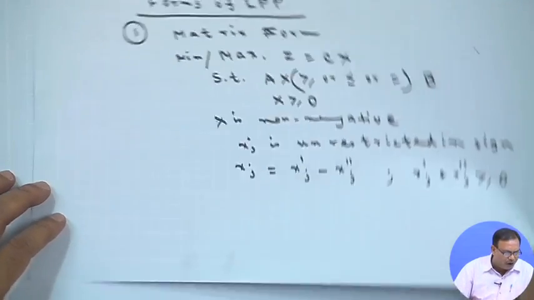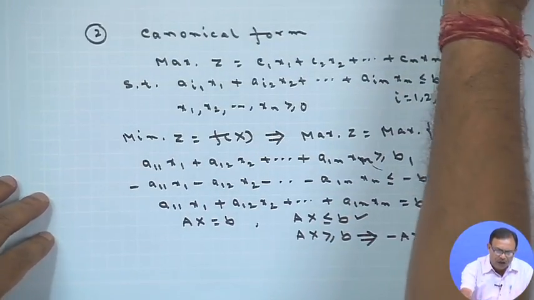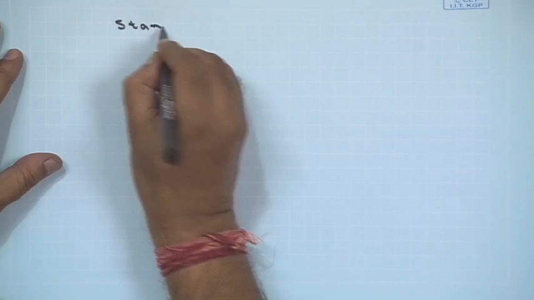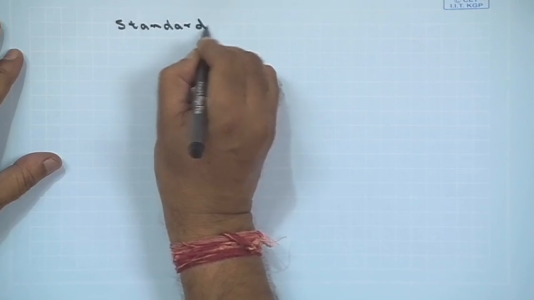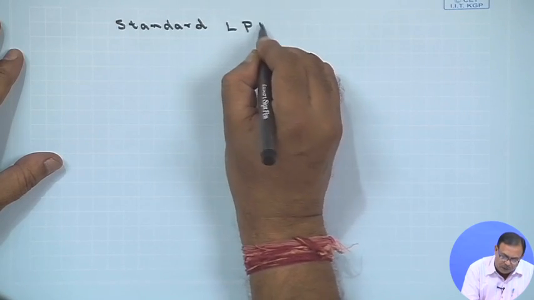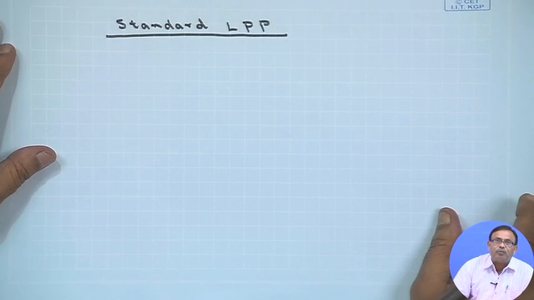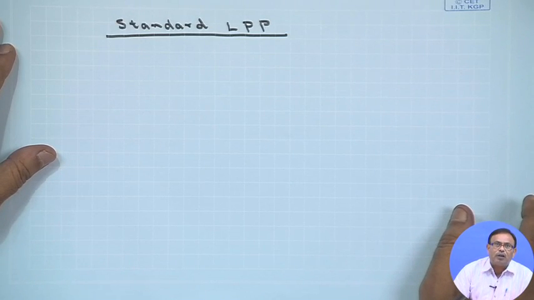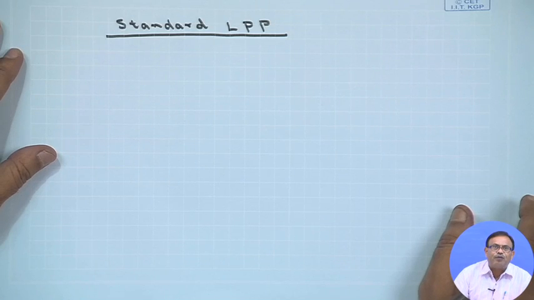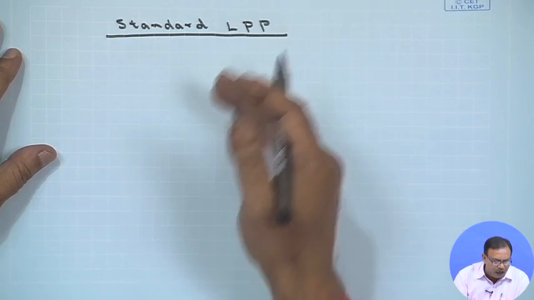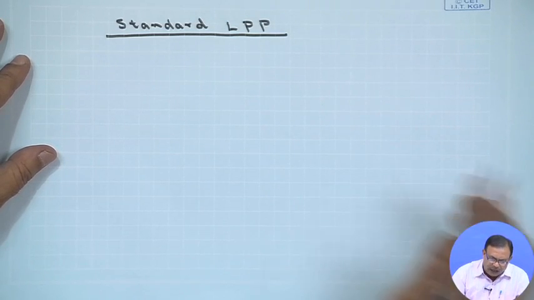This is the second form, that is canonical form, and the third form is which we call as standard LPP. That is, I have the original problem, from there I am transforming it into the canonical form, and from the canonical form I have to transform it into the standard form.